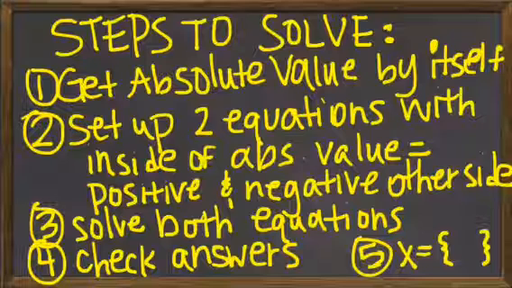You're going to solve both equations, and then you're going to check both answers, and then you're going to write your answer as the variable equals those answers in those brackets. All right, that's all you need to know. You've got it. Good luck.